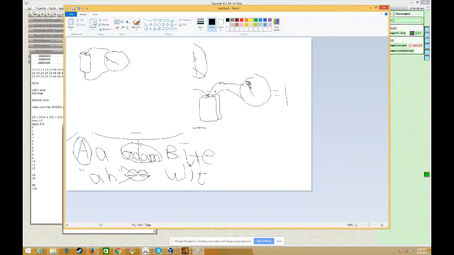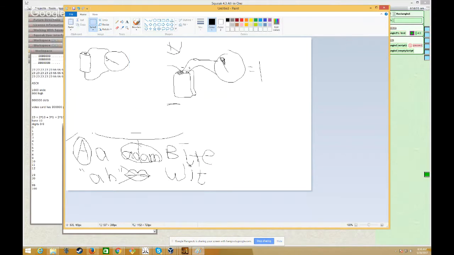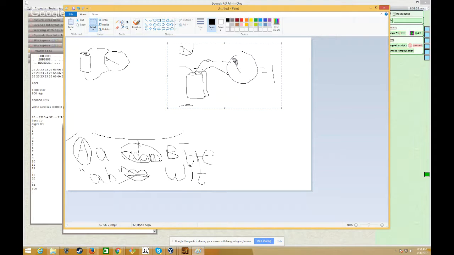So there's a 3 volt, and there's your 9 volt, and we just decided that 3 volt is 0, and the 9 volt is a 1. Anything in between, we don't deal with. We only deal with 3 volts and 9 volts, and 0s and 1s.